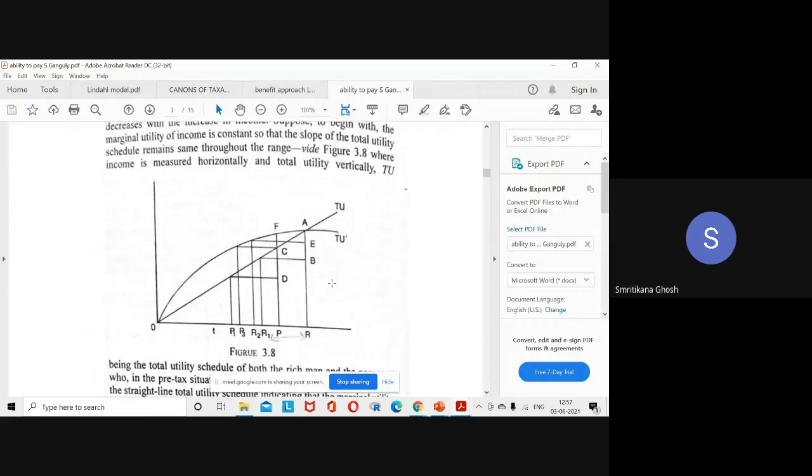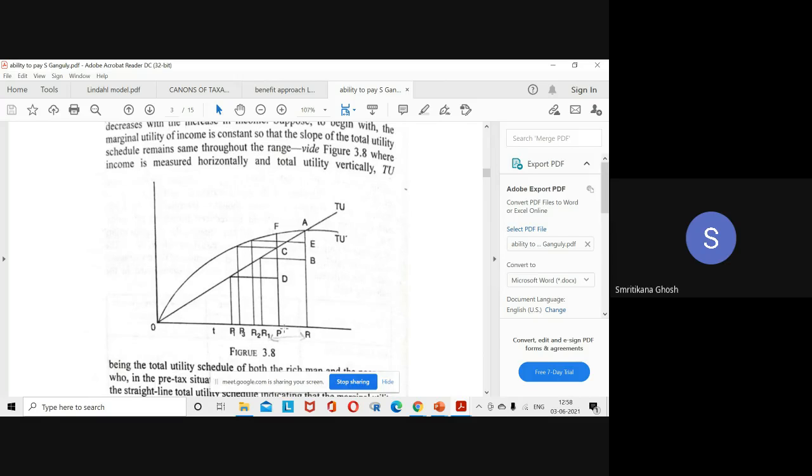So we are happy that in terms of total utility, both individuals have sacrificed the same. But look, now the rich is at R1 and the poor is at P1 income level. So the gap between rich and poor is the same as before.